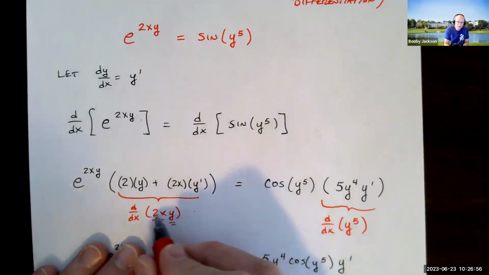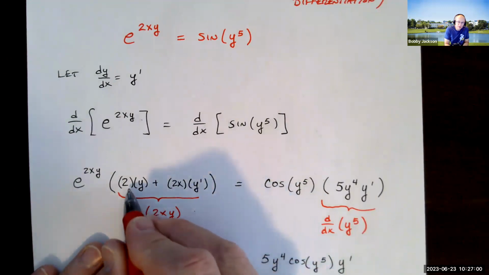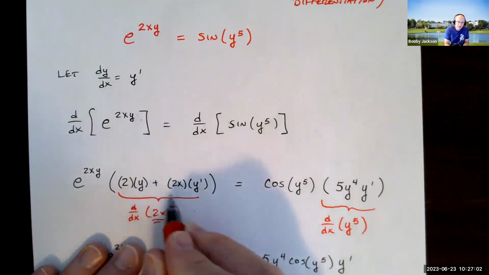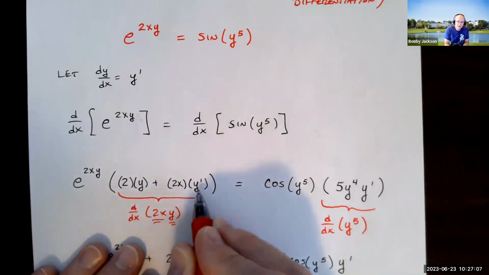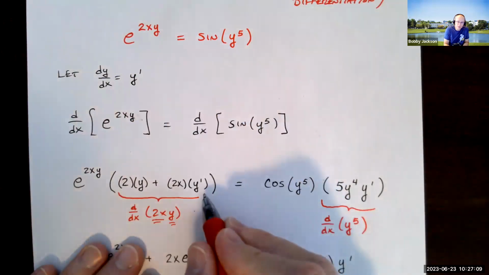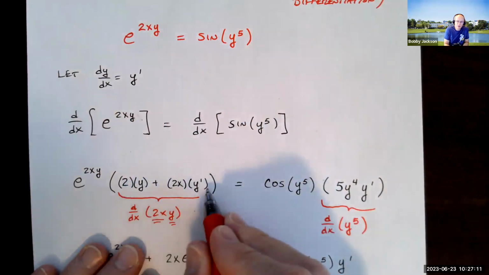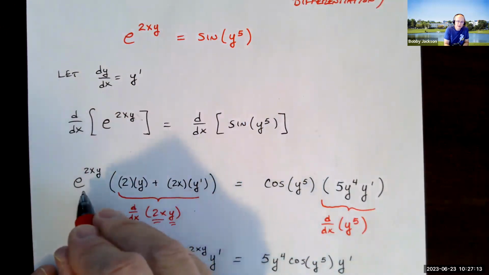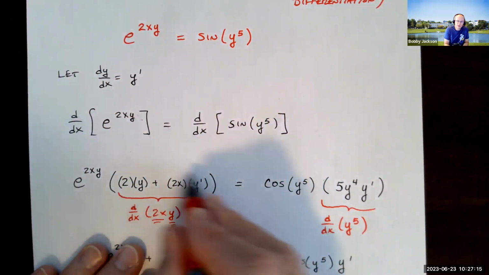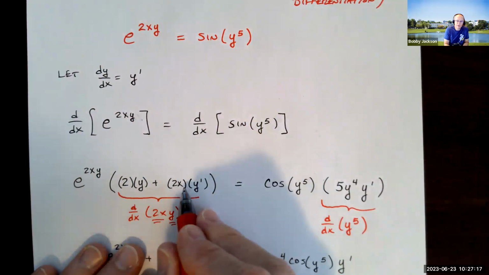Both of these are functions of x. So I take the derivative of 2x, which is 2, times y, plus 2x times the derivative of y with respect to x. That's the dy over dx, which we're going to write as y prime. So make sure you use the product rule there. Here's the chain rule, e to the u times the derivative of the inner function, and then in that inner function derivative, we're using the product rule.